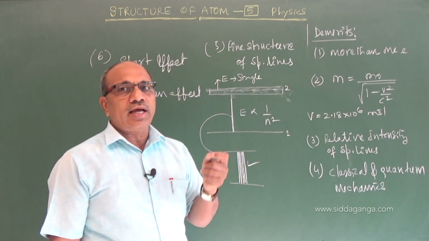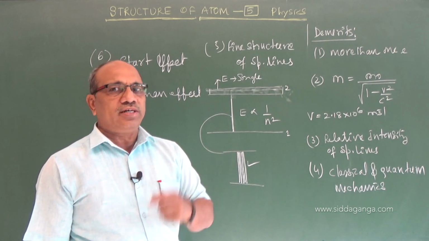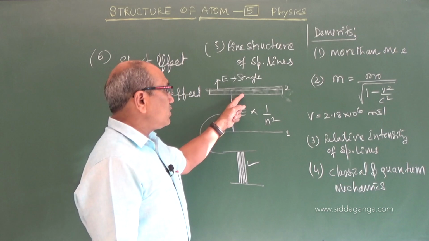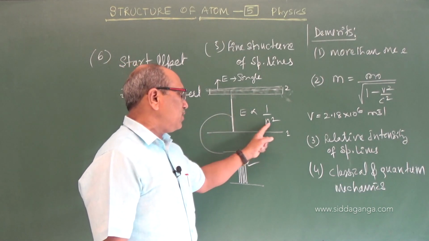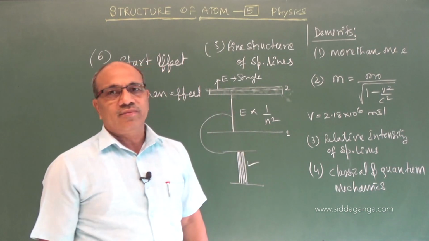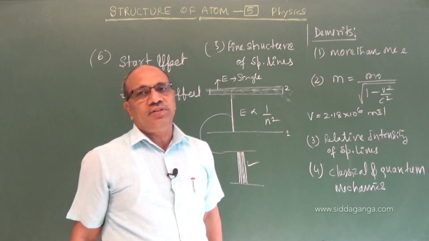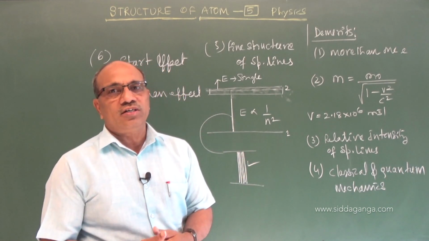The electron can have different energies with a slight variation in a particular orbit. This variation is not possible according to Bohr's theory because the unique energy is related to the orbit number. These are the demerits of Bohr's theory of the hydrogen atom.